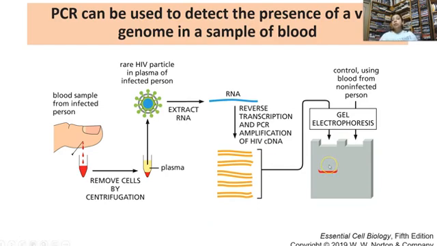This can be used to detect the presence of viral genomes in samples of blood. So we can use this technique not only for cloning and for creating GMOs or to get a particular function from these cells, but also to identify infectious particles in our systems.